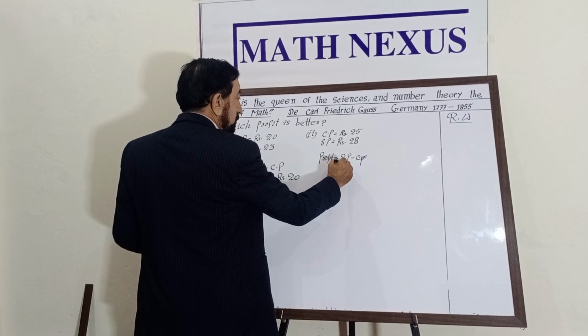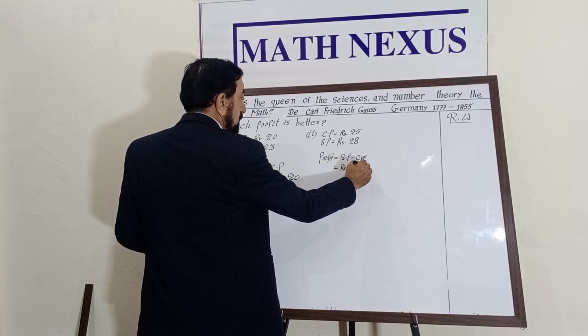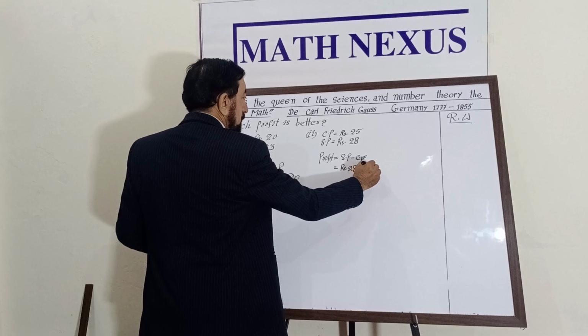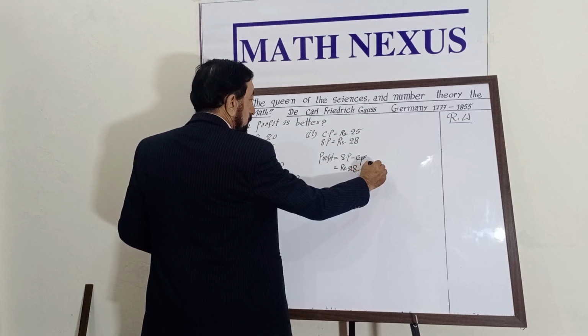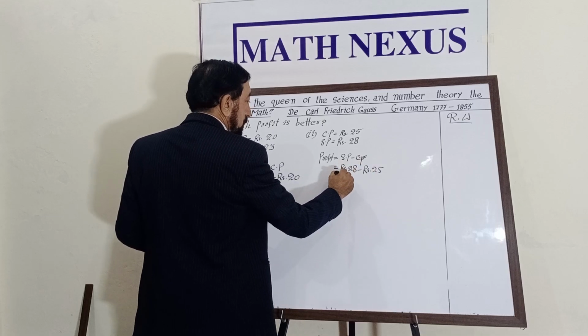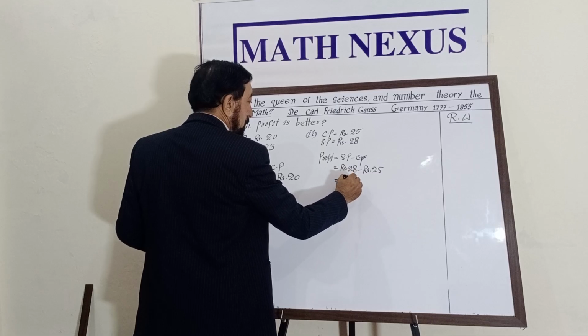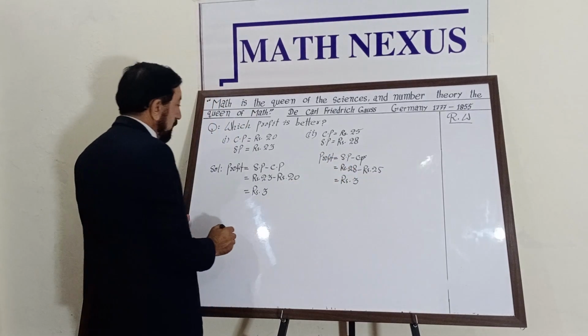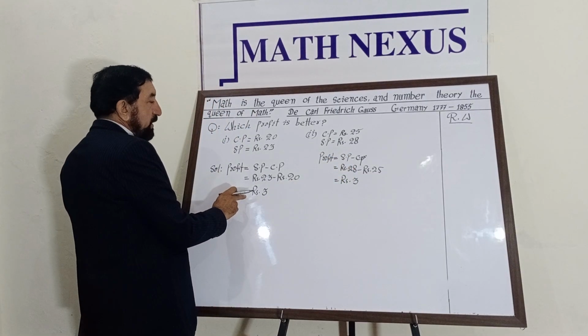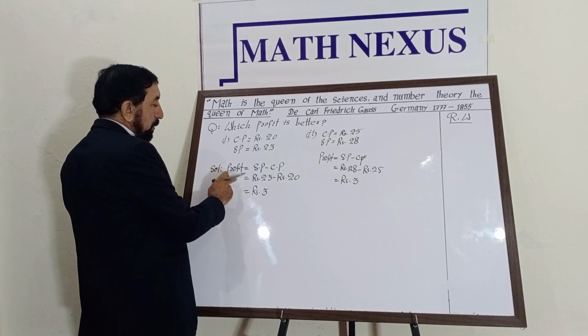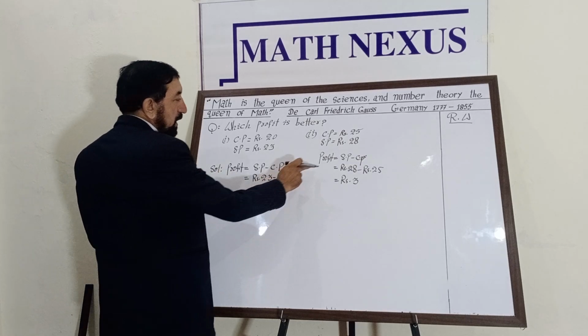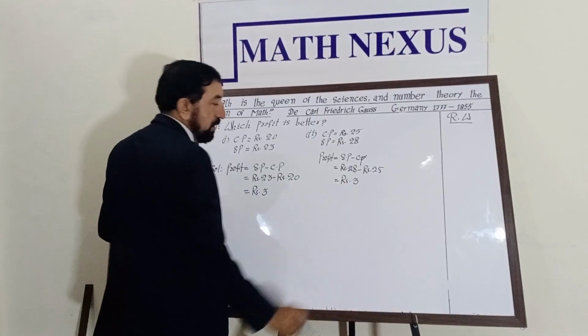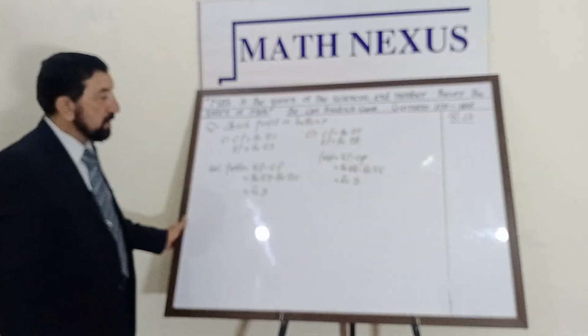Sale price is rupees 28 and cost price is 25, so profit is 3. In both cases, profit is the same. Here profit is rupees 3 and here profit is rupees 3.